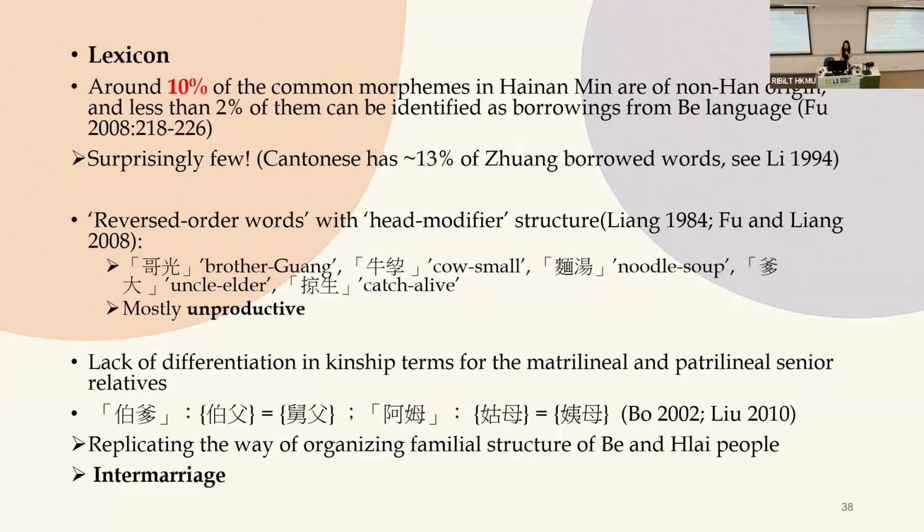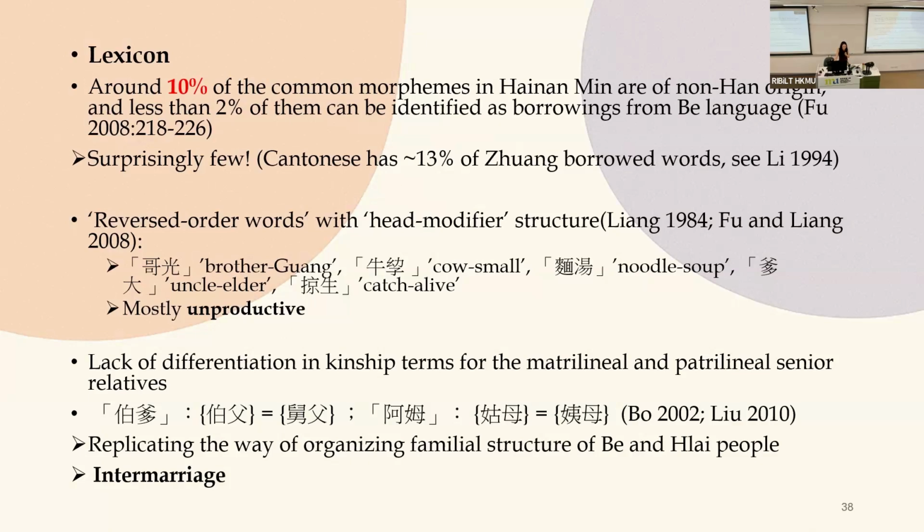And for the lexicon part, it's surprising that we actually don't see major lexical borrowing from non-Chinese languages in present-day Hainan Min, which is actually quite interesting. Only around 10% of Hainan Min's common morphemes come from non-Chinese languages, and fewer than 2% of them are of Bei origin.